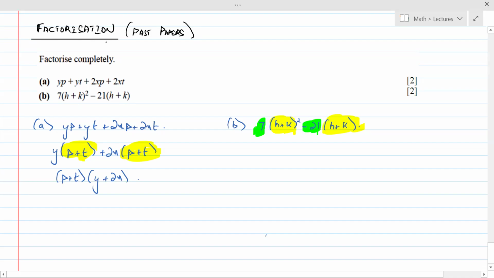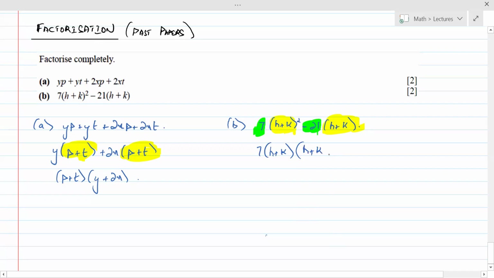So what you can do is you can take common. So 7 being common as a number between the 2 terms, and h plus k, a factor common between the 2 terms. So as a whole, you take 7(h plus k) common. The first term would be left with only h plus k.